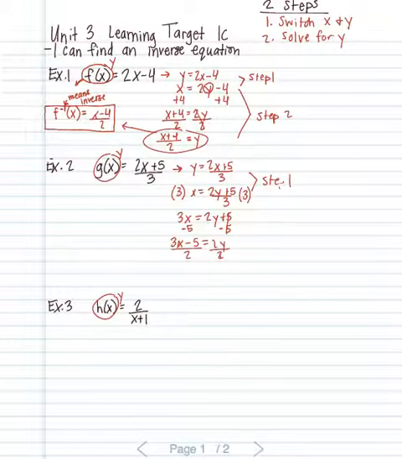Our 2's cancel, so we only have y left on the right side and 3x minus 5 over 2 on the left side. So we write our final answer with that g negative 1 of x. And we're really just copying down what we had as our answer. 3x minus 5 all divided by 2. Final answer.